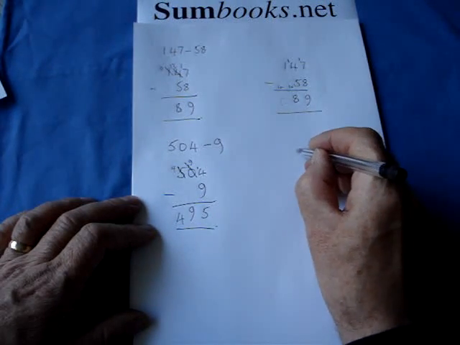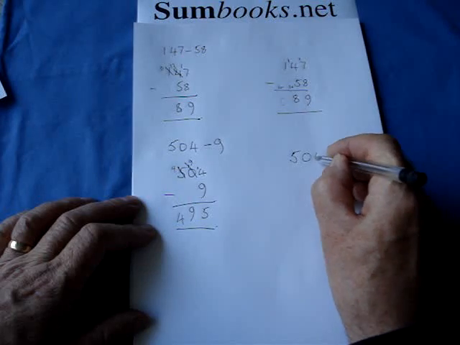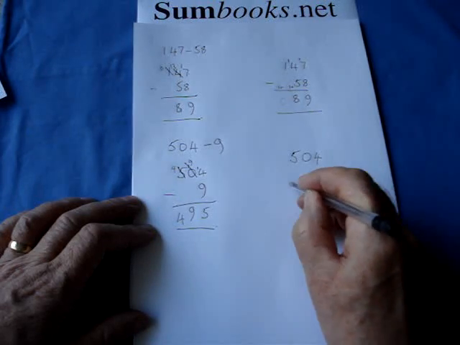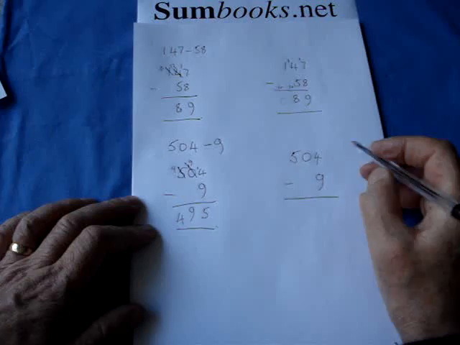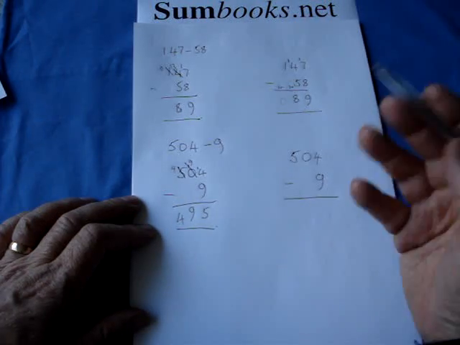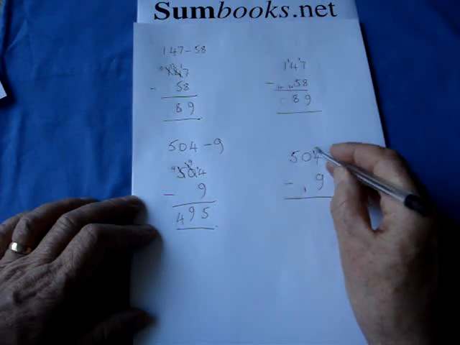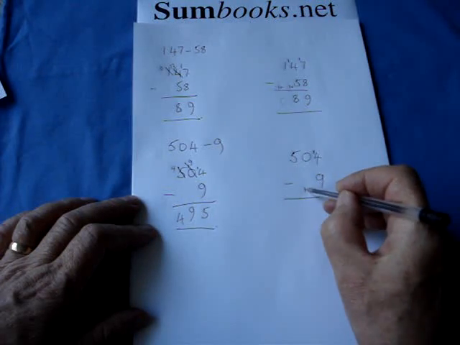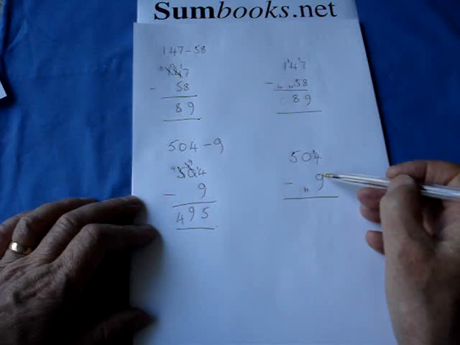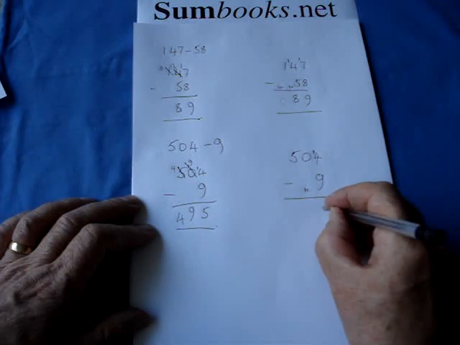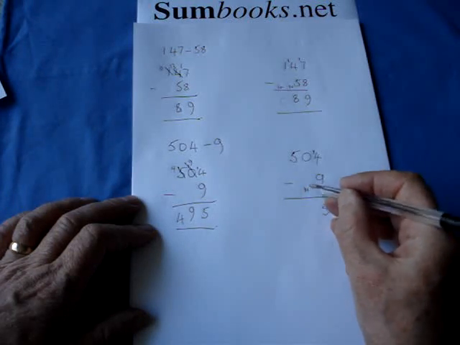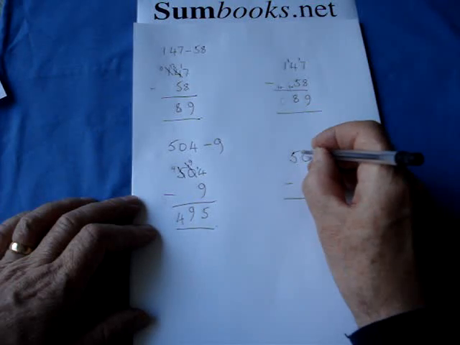And in the equal addition method, we say 9 from 4, we can't. So we give ourselves 10 at the top in that column and a 10 in this column. 9 from 14 is 5. 1 from 0 we can't do.